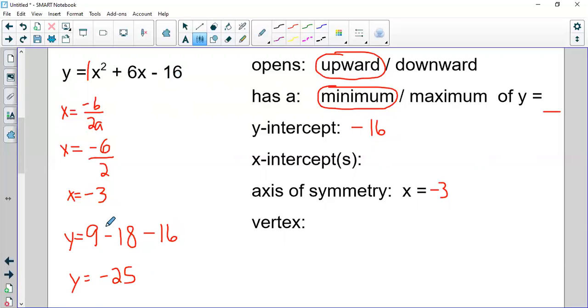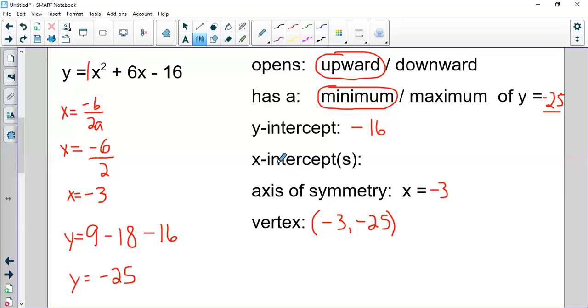You're not going to see that on most of our graphs we're looking at. So that means that my minimum value is y equals negative 25. Okay? And now I can take this axis of symmetry x, my minimum in this case value of y, and put them together to create the vertex point of negative 3, comma, negative 25.